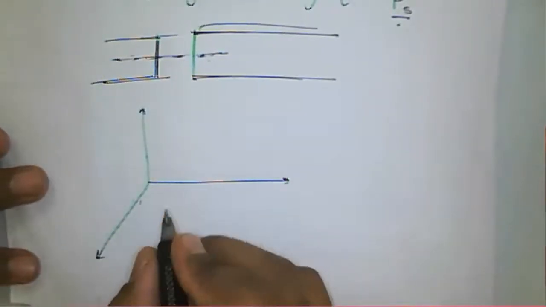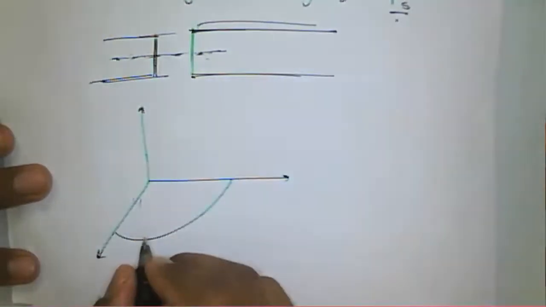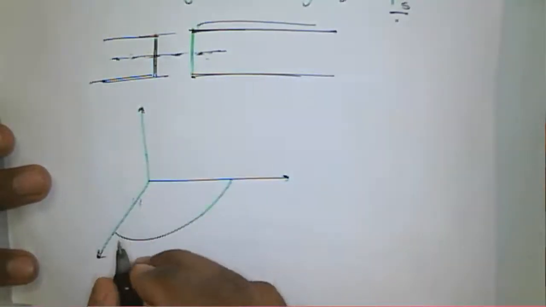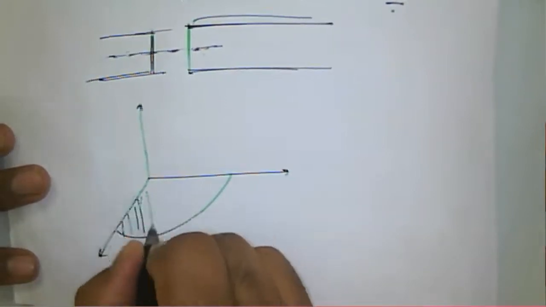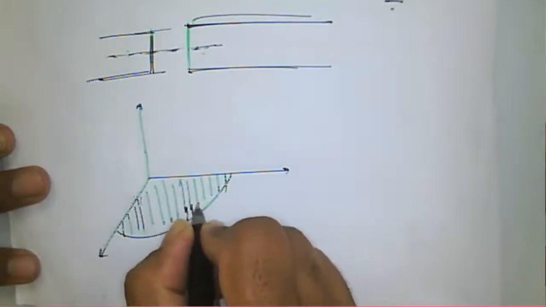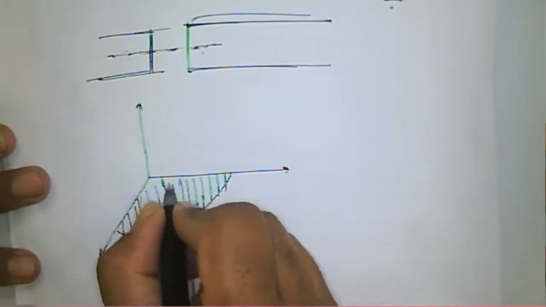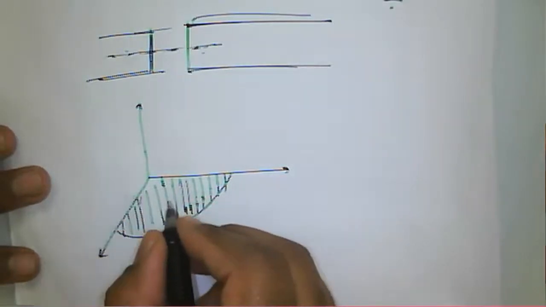Now, suppose we have a source that is a light emitting diode. This is nothing but the emitting area of the light emitting diode for the given particular source.